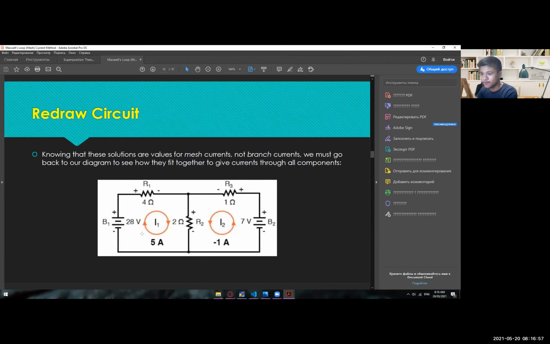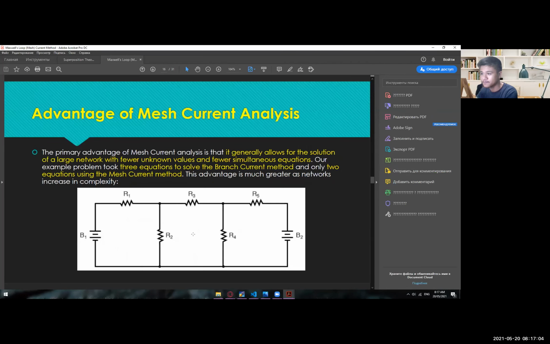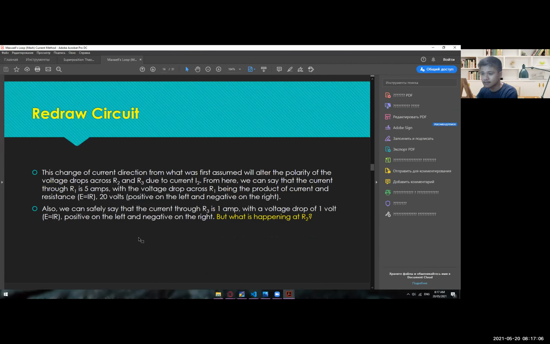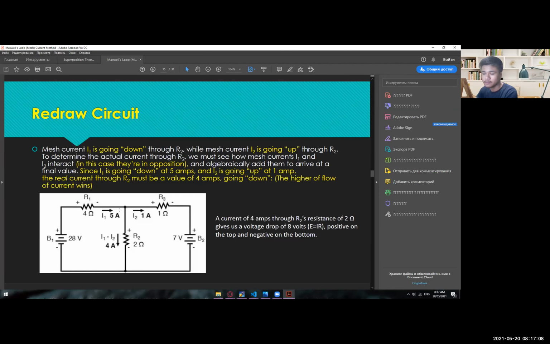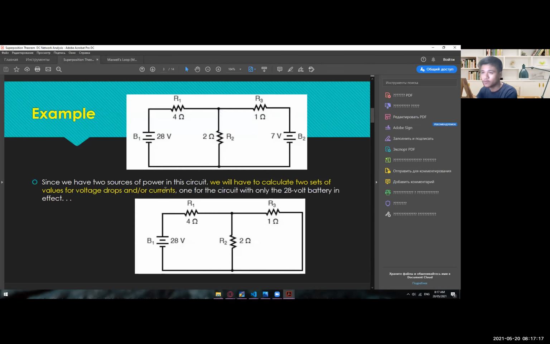We have 5 amps on this side and negative 1 amp here, and if you combine them, we have, where is the final? Right here. 5 amps here, 1 amp here, and 4 amps here, and of course their individual voltage drops. We're going to prove that using superposition theorem.